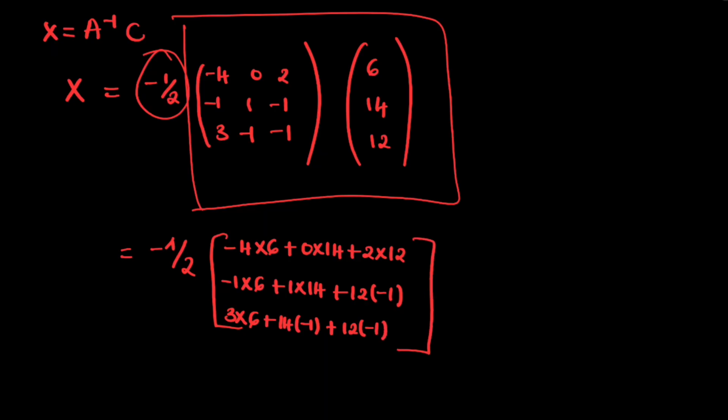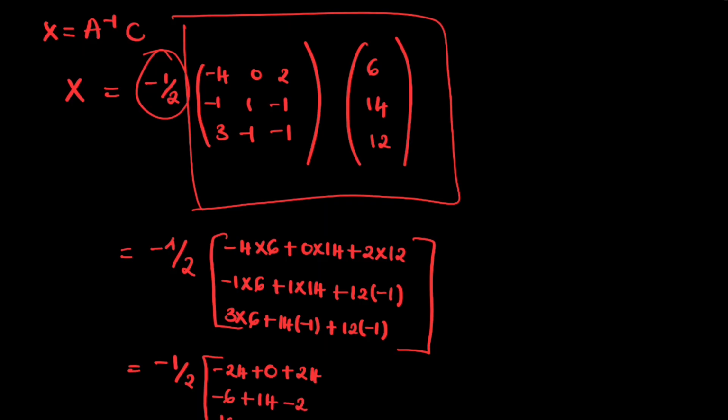Okay, so now let's simplify. So minus 4 times 6 is minus 24 plus 0 plus 24. That is the first value. Minus 6 plus 14 minus 12.